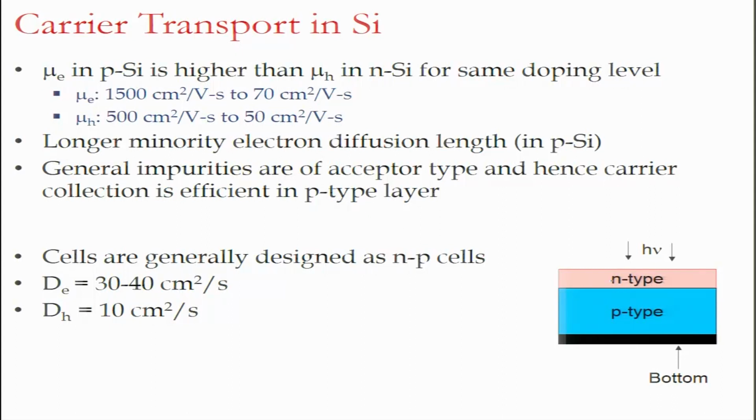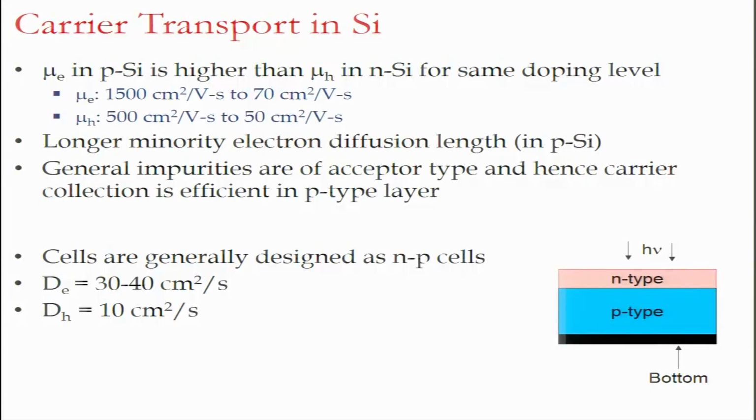So, this is the configuration we generally have: N type made thinner and P type made thicker, and since the light comes from the top, the top contacts have to be put in such a manner that they do not cover the surface, they are sparsely located. This is the design criterion for a silicon solar cell, because of diffusion lengths, lifetimes, mobility and diffusivities.